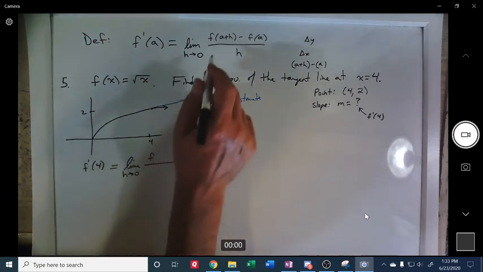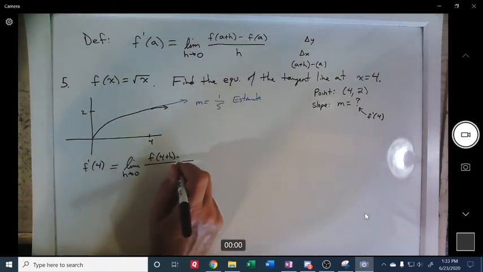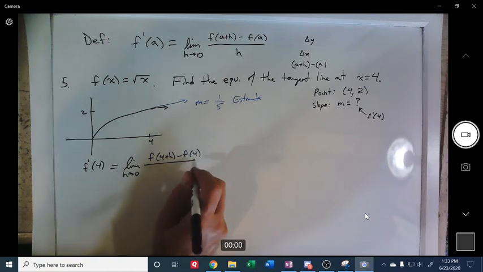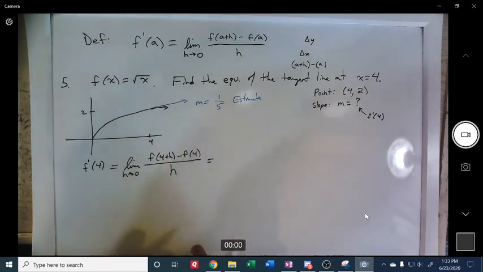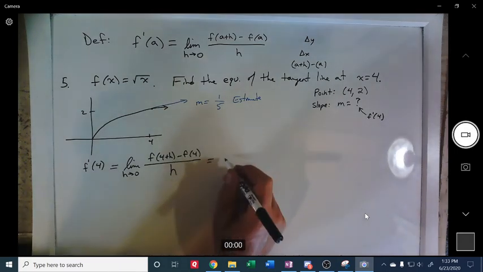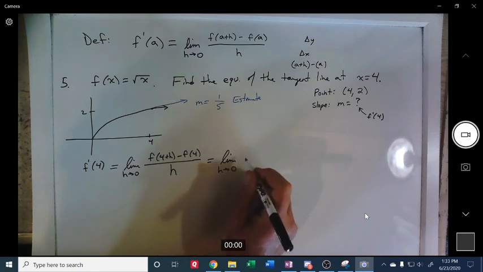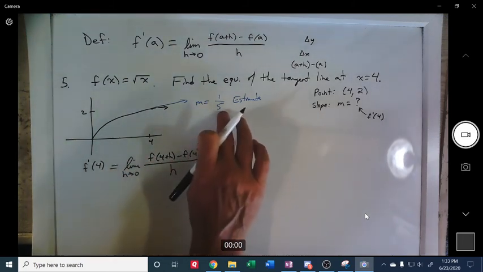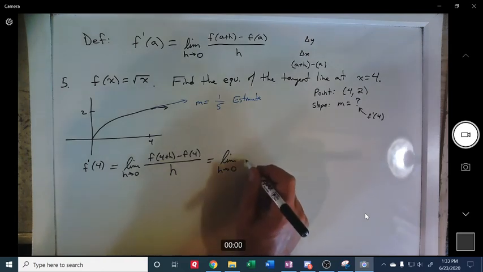Every time I see a, replace it with 4. Now I'm expecting to get an answer kind of small when I finish, but let's see.